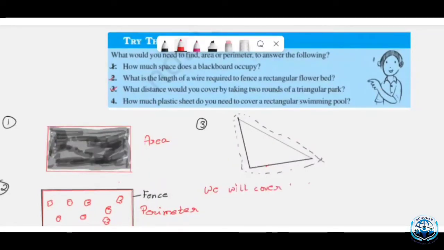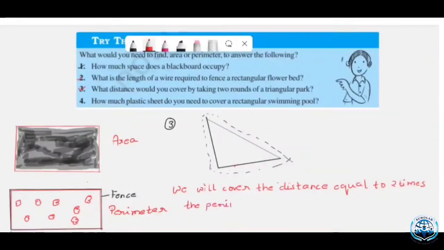We will cover the distance equal to 2 times the perimeter of the triangle. That means 2 times the sum of all the sides of the triangle. Understood?